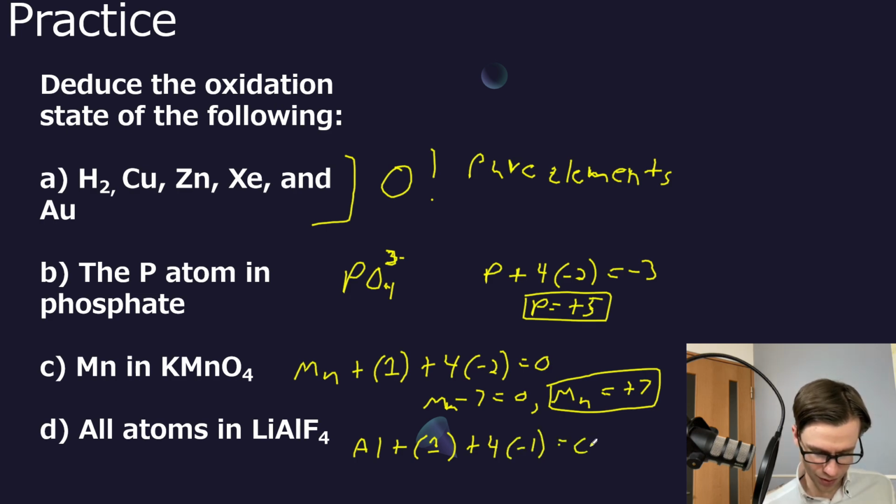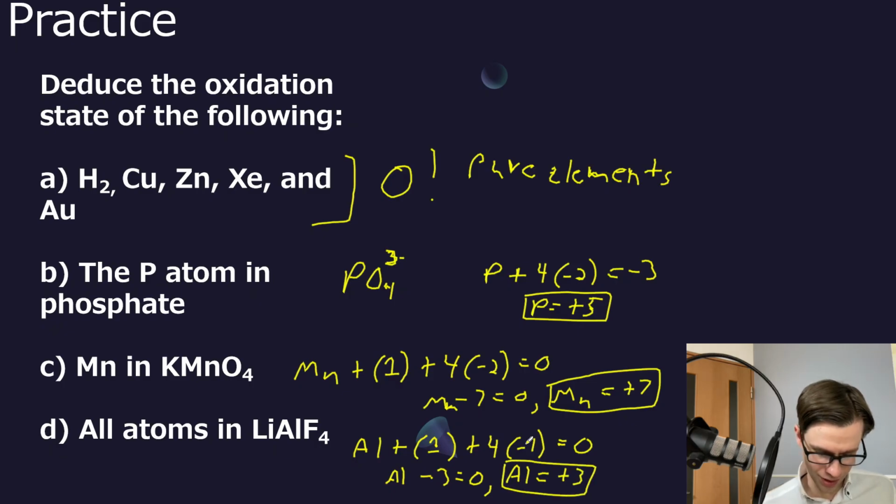There's no charge on this total. So we're going to have aluminum Al plus 1 minus 4 is -3 equals 0. So Al must be +3, and that is a very common oxidation state for aluminum, which is in group 13 under boron.